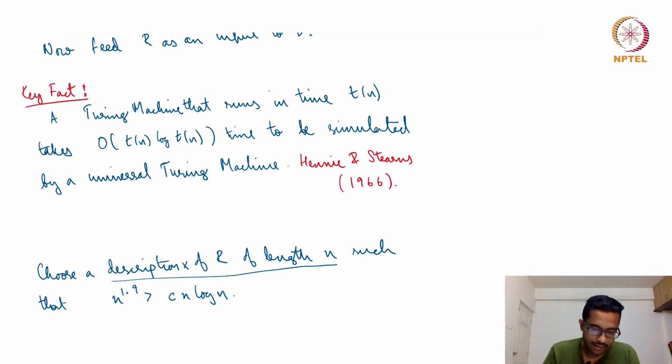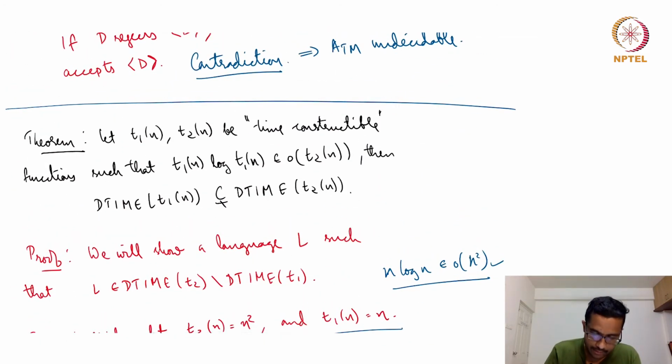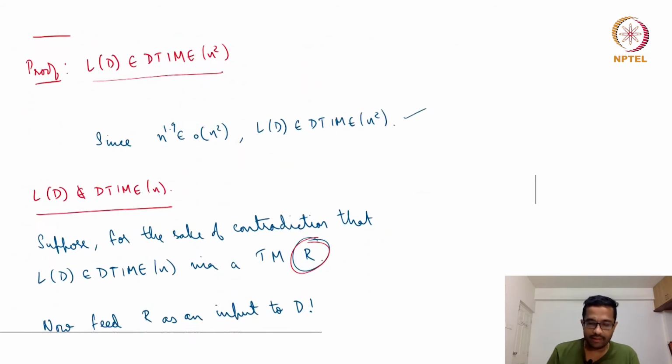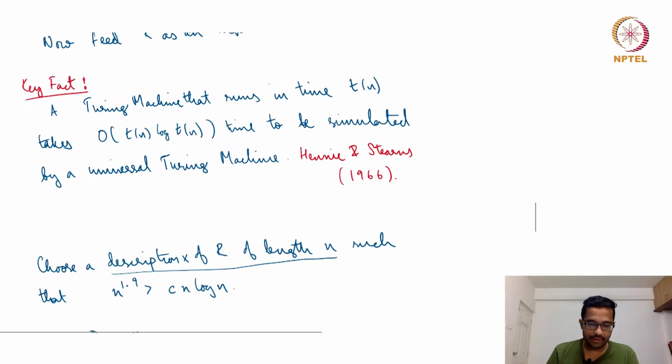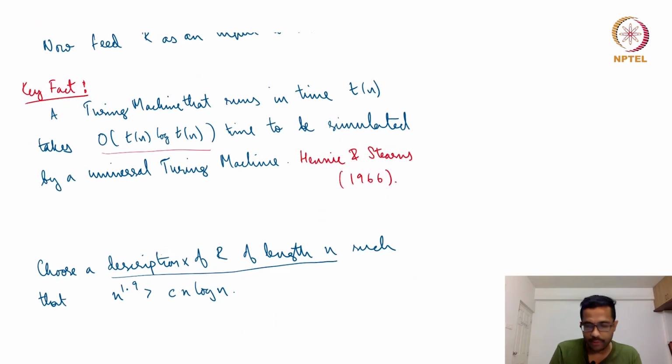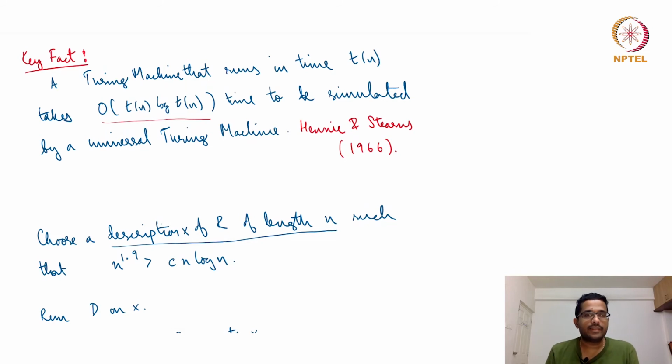This is the reason why we have a logarithmic factor in the statement of the time hierarchy theorem as well. This log goes all the way to that log. And this is the best that we know. The Hennie and Stearns result has not been improved since 1966.